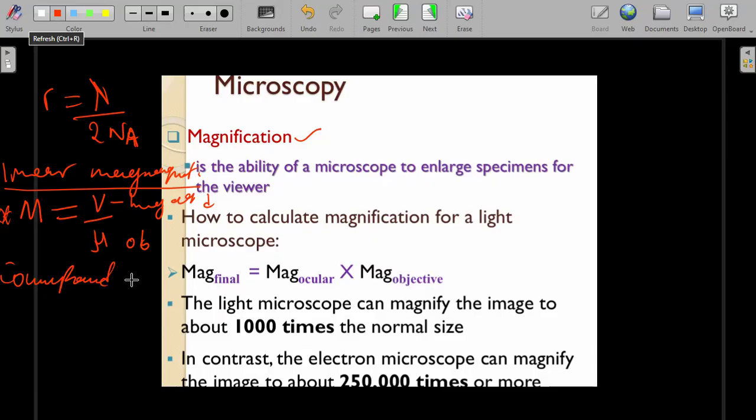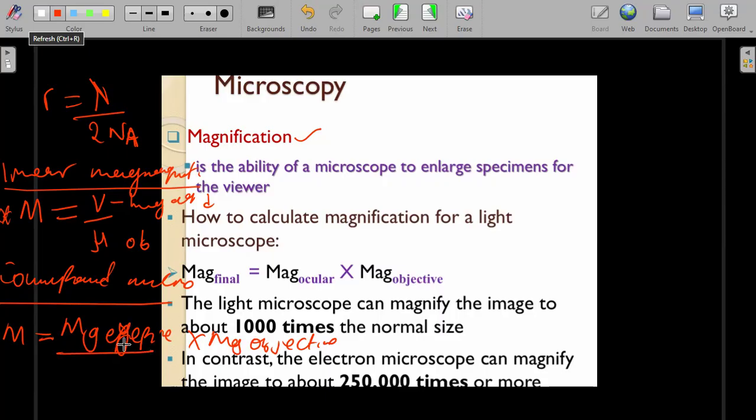Its magnification is given by the magnification of the eyepiece multiplied by the magnification of the objective. Remember, we had those magnifications, 4 times, 10 times, can be 100 times. You multiply with the magnification of your objective. Okay, so that's in terms of the compound microscope, if you want to get your magnification.